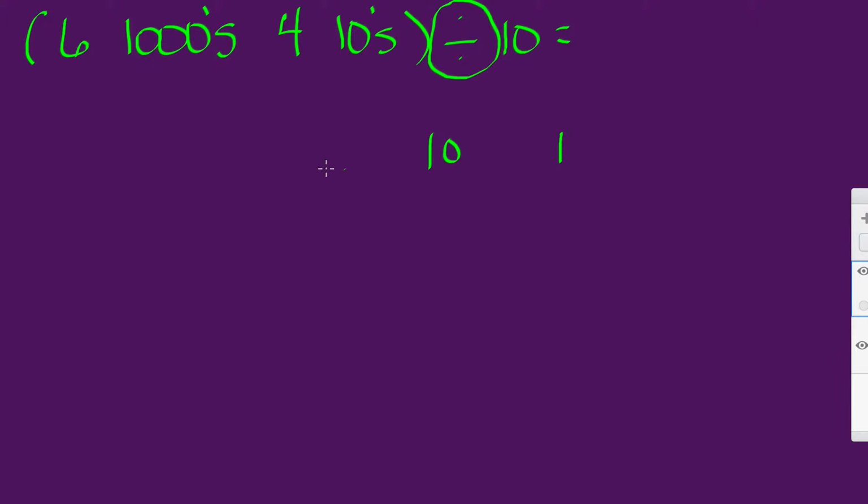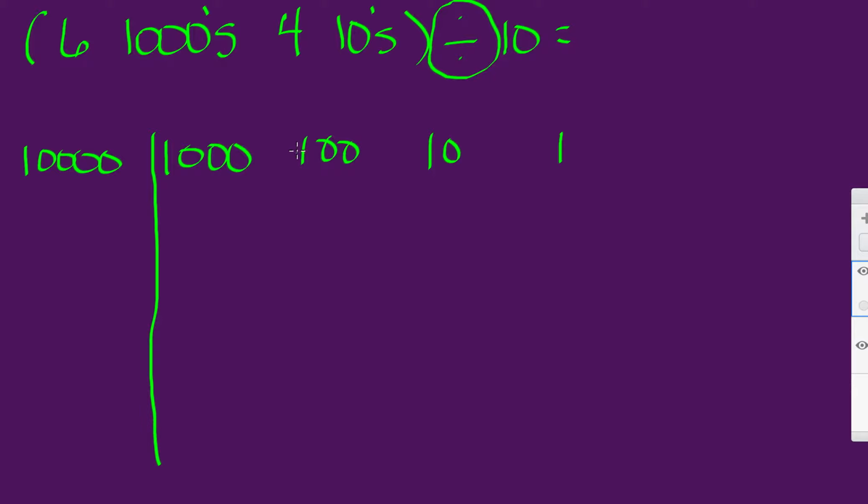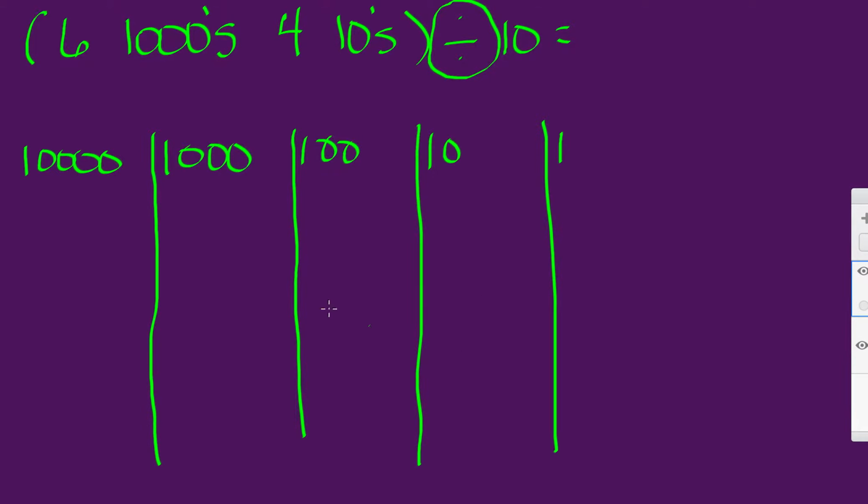So on your place value chart that you can quickly draw, hopefully by now. If not, take your time and draw one. It always helps. Now I have 6 in the thousands. I'm going to do it different this time. I'm going to do 6 instead of dots. I'm putting 6. And 4 in the tens.